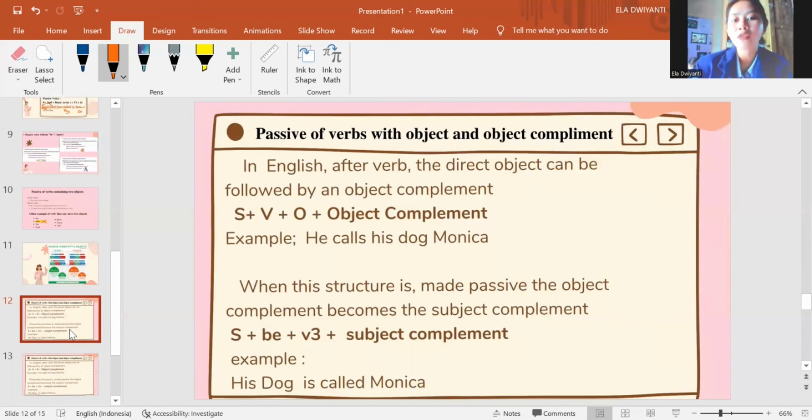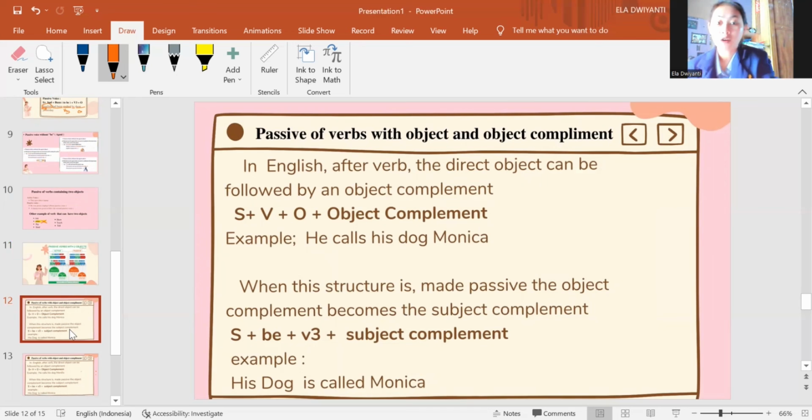Next, the passive of verbs with an object and object complement. In English, after a verb, the direct object can be followed by an object complement. For example: subject plus verb plus object and object complement.